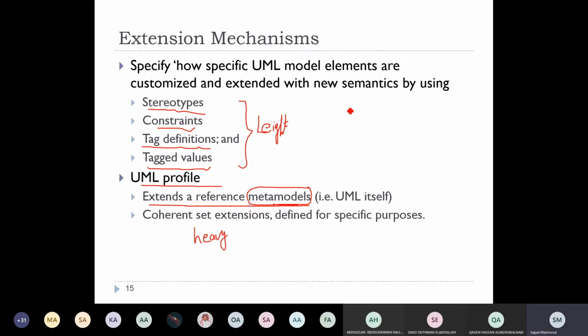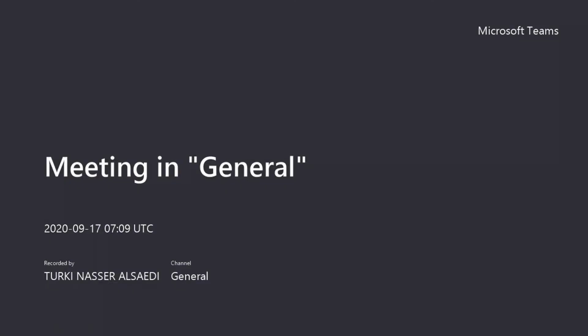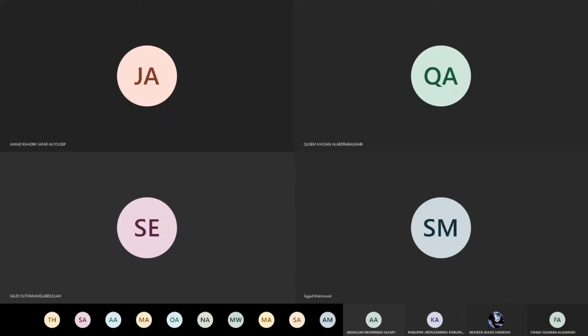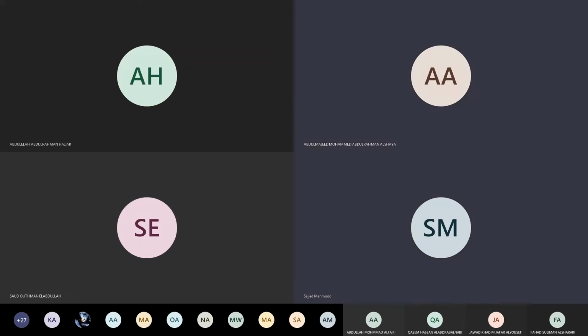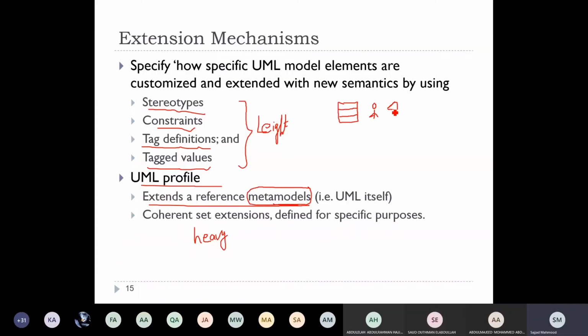Okay. So UML meta model is actually, when you have in UML an actor, inheritance, right? We looked at this one the other day, the interface, right?